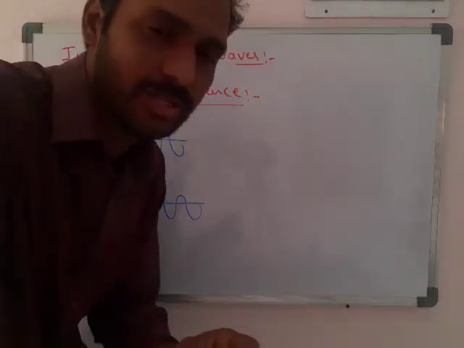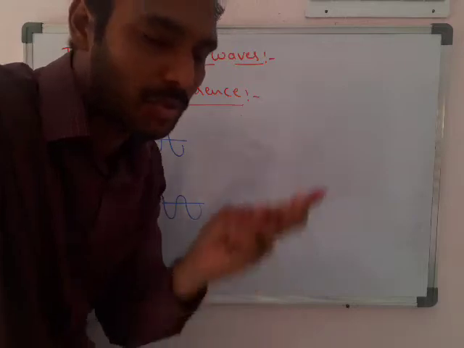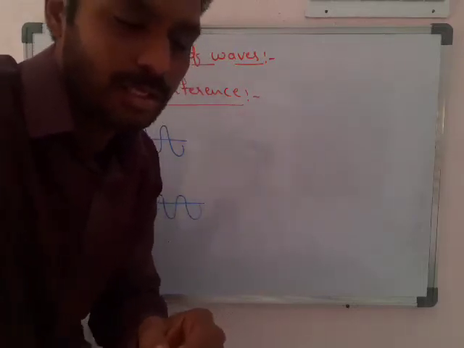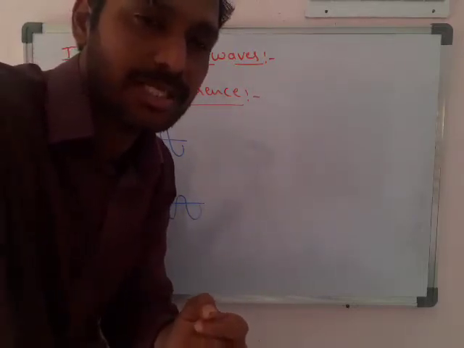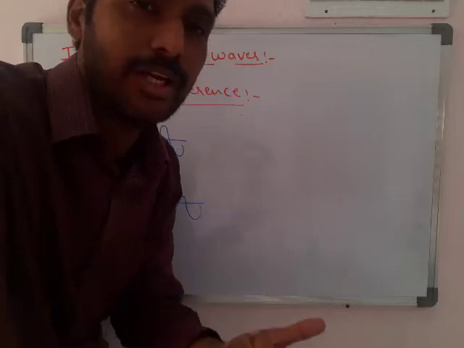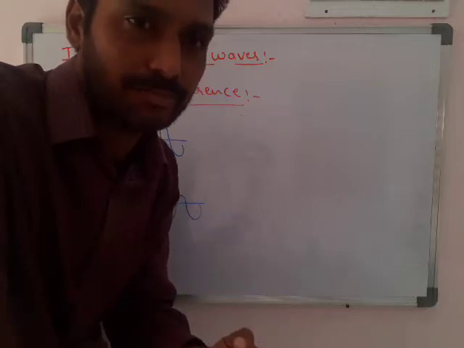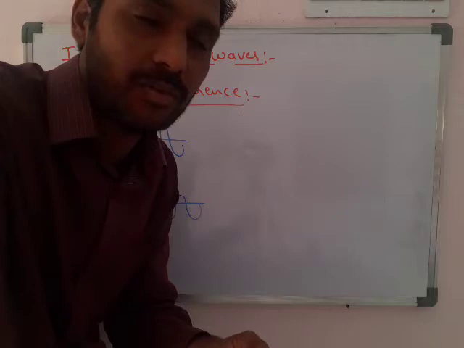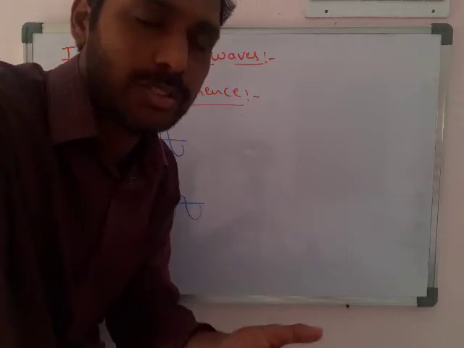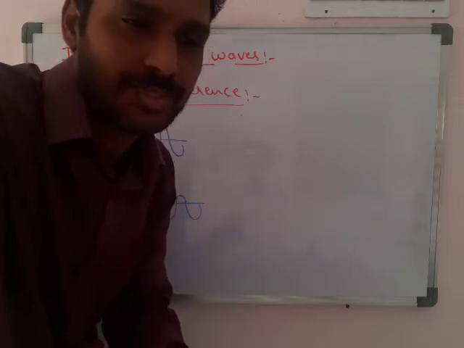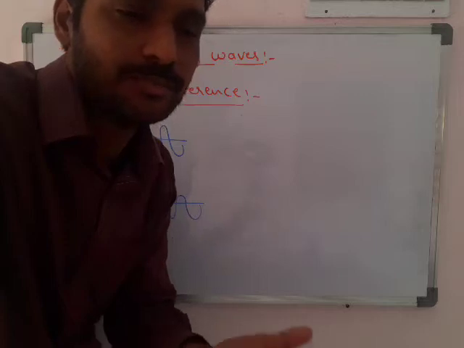Already we said interference means combining of waves. So how do they combine? No final wave is obtained; finally the wave totally loses its wave character. How is this possible?